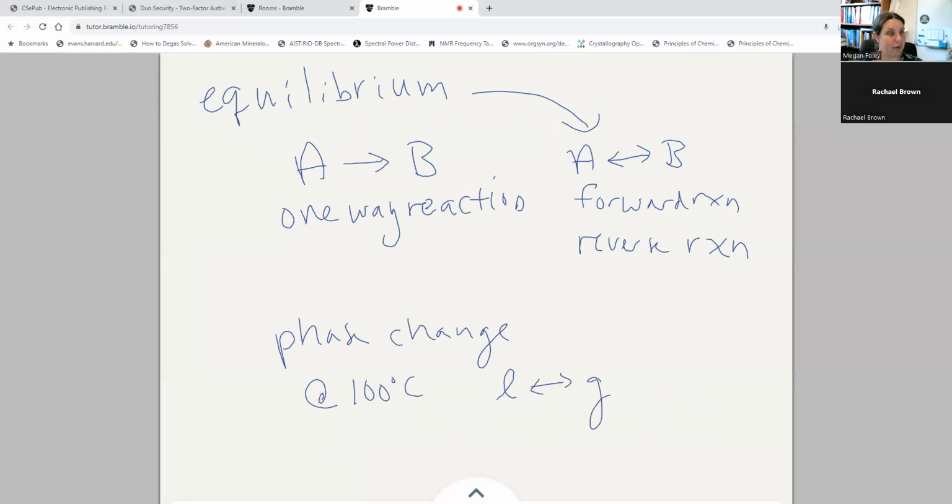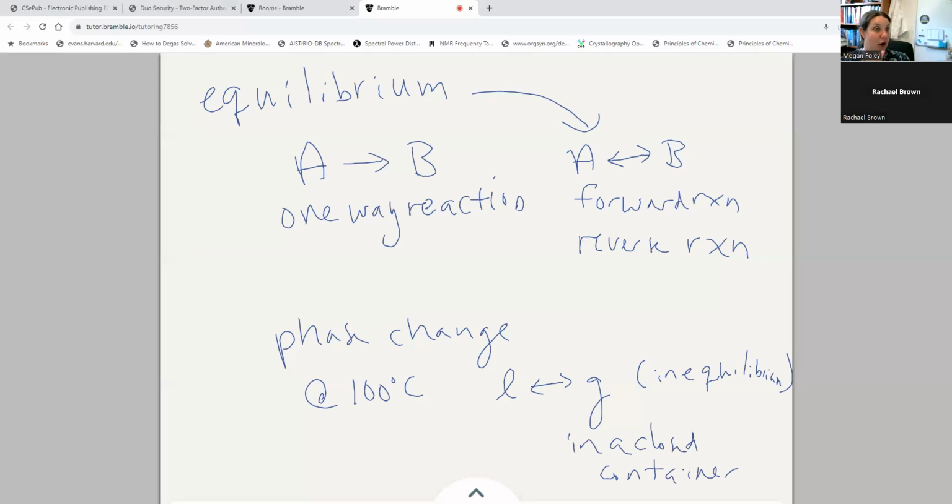So you're going to have both liquid and gas state at the same time if we're in a closed container. If you're not in a closed container, then things can't really get to equilibrium. But if you have a closed container and you're at that 100 degrees Celsius, you will be in equilibrium between those two states. So you have some amount of liquid, some amount of gas.